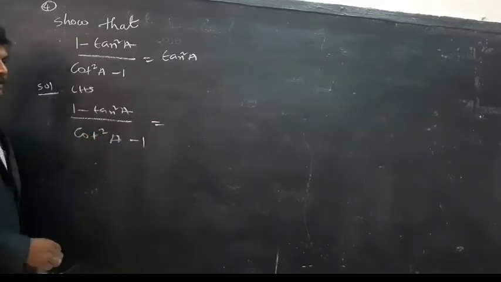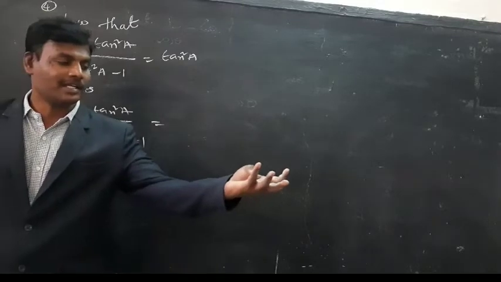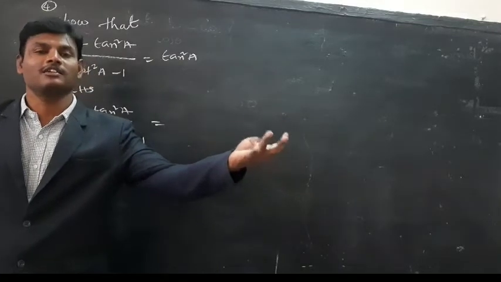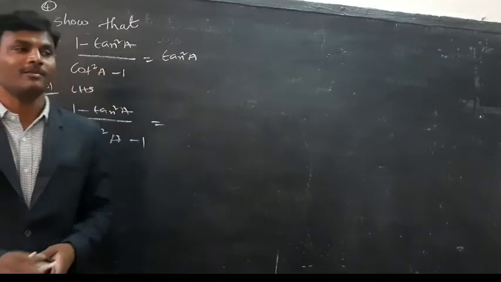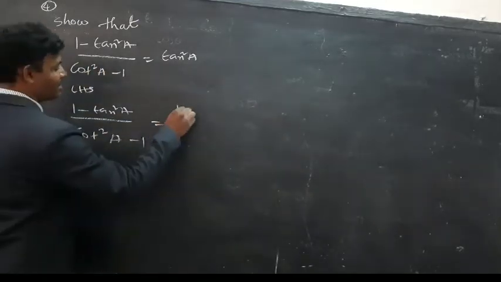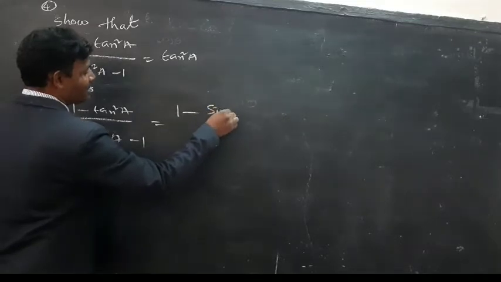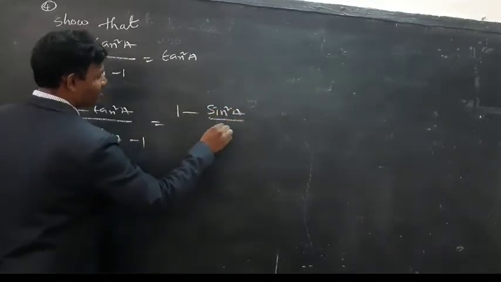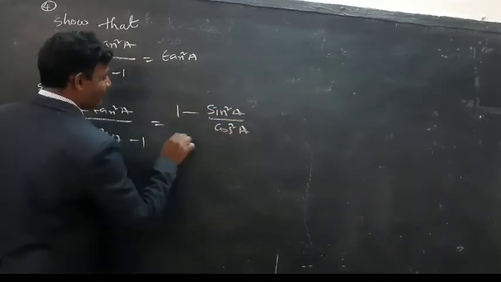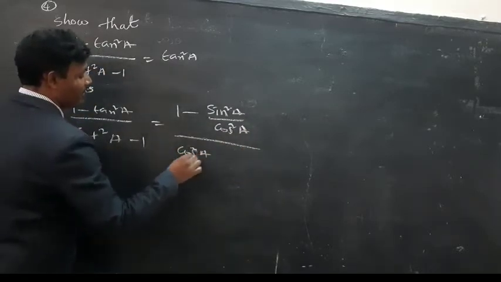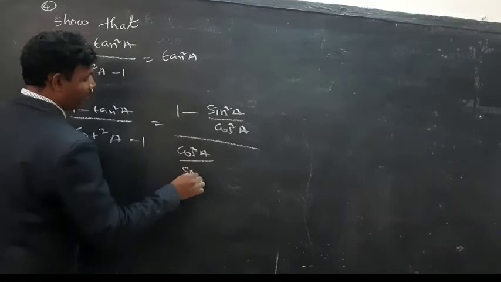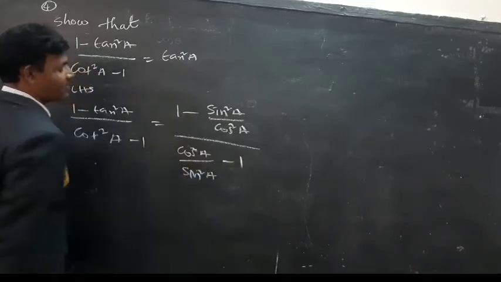Already explained: if tan theta, cot theta, sec theta, cosec theta are there, you have to apply the formula. 1 minus tan square A we can write as 1 minus sin square A by cos square A, and cot square A we can write as cos square A by sin square A, minus 1.